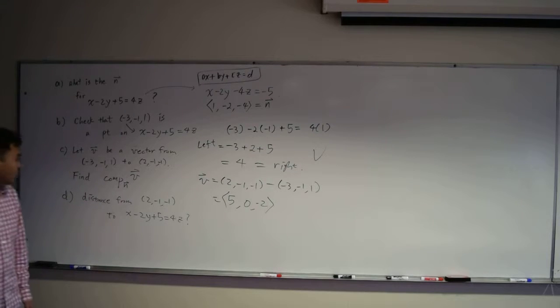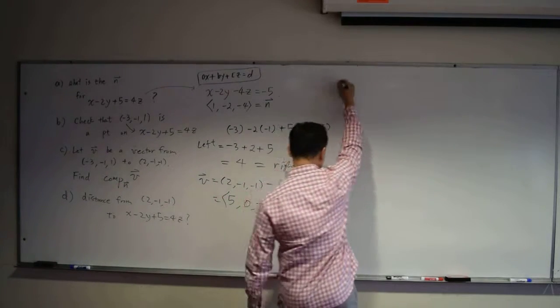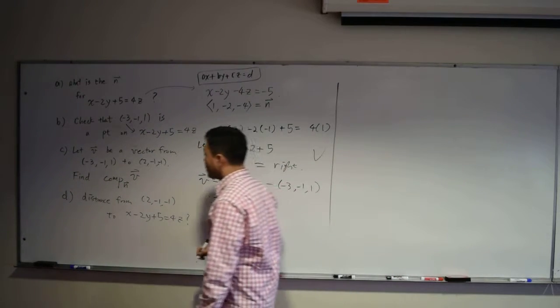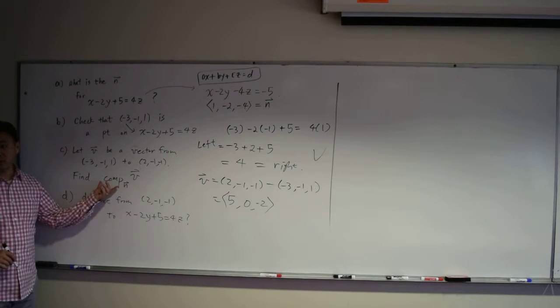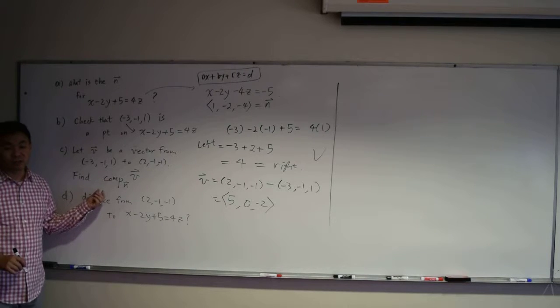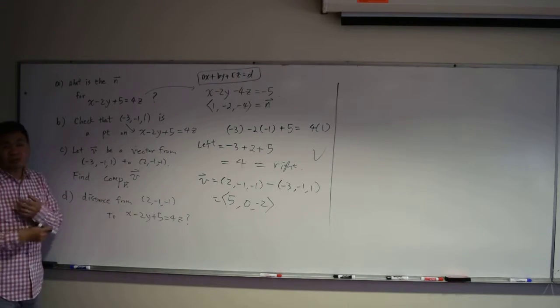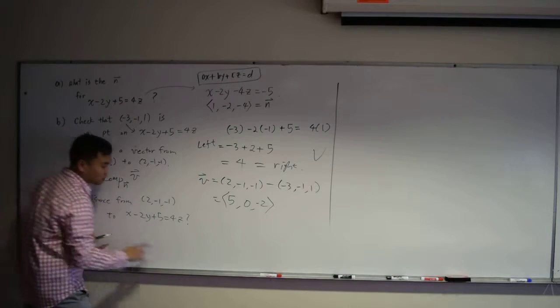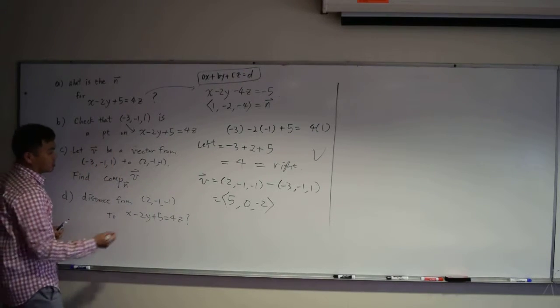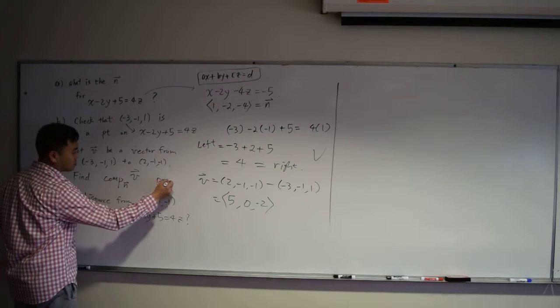And then we have to compute the component. Now, there are two types of projections, right? The one that we call component, the other one we call the projection. What's the difference between this one and this one, projection?